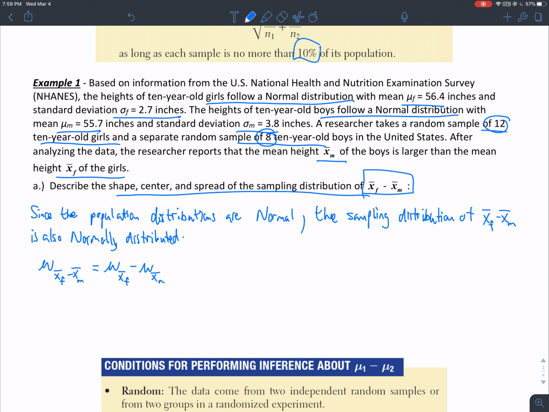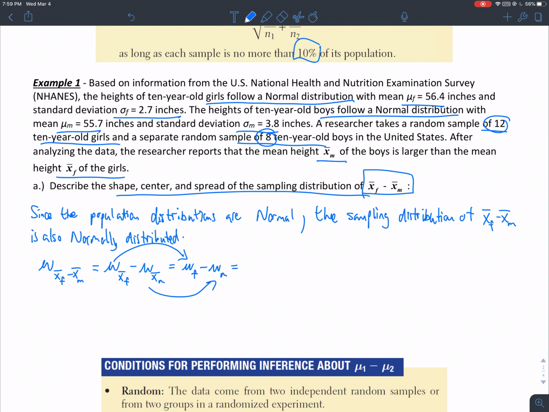Okay, and so this would be equal to this minus this. Because this is equal to that and this is equal to that, because the mean of the sampling distribution of the females would be exactly equal to the population mean for females, and so on and so on.